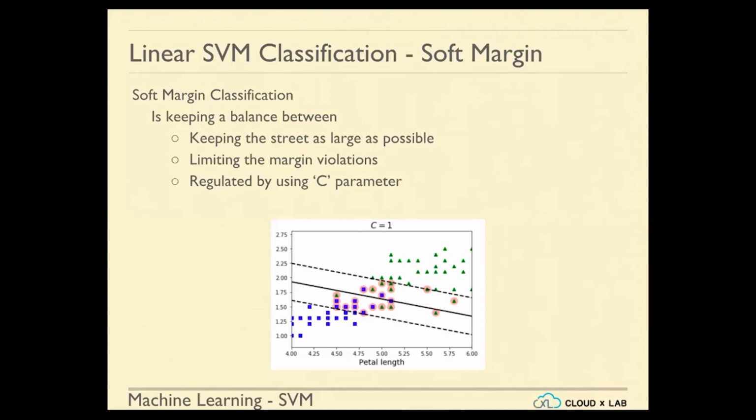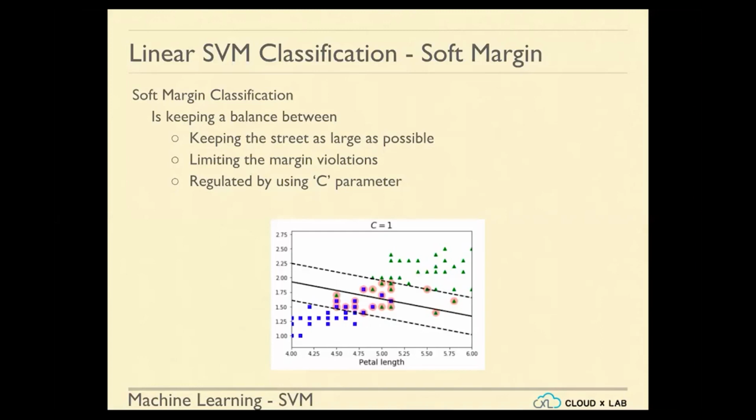Because of outliers, yes, we have error, but we are not saying that we can't classify just because there is one outlier. So soft margin classification keeps a balance between keeping the street as wide as possible and limiting the margin violations, and the margin violations are regulated by using a parameter called C.